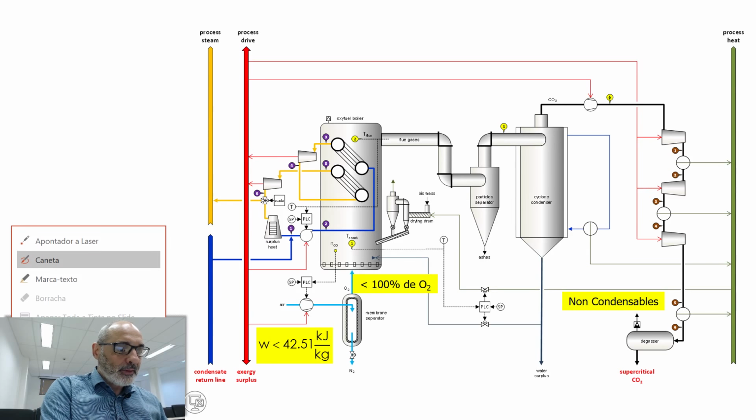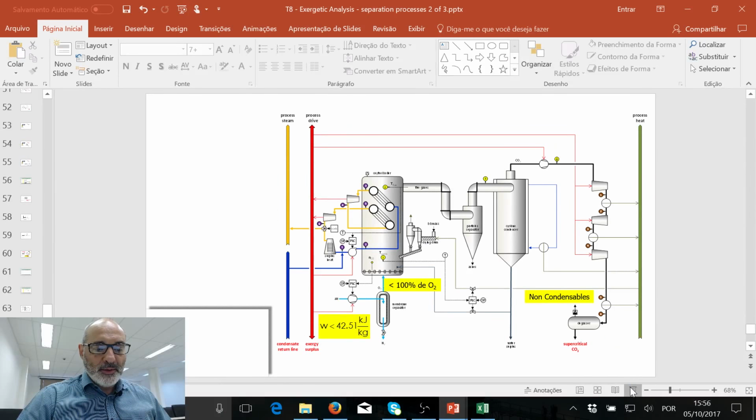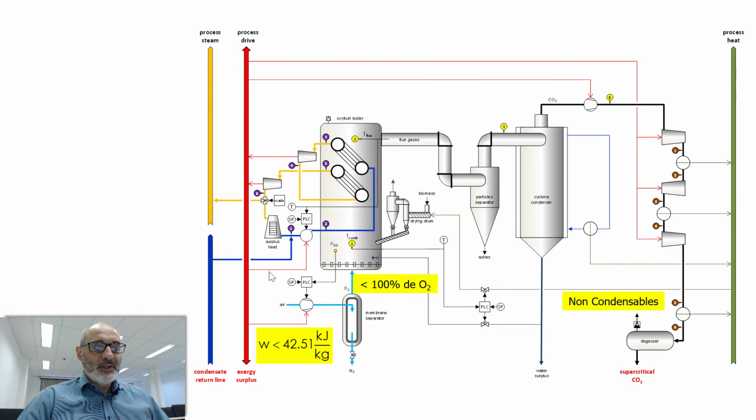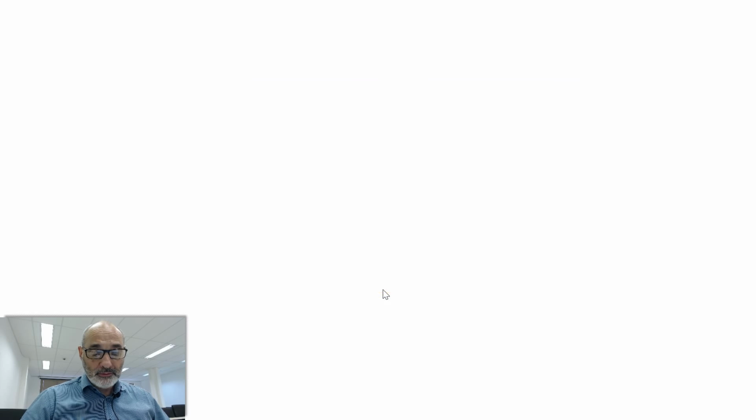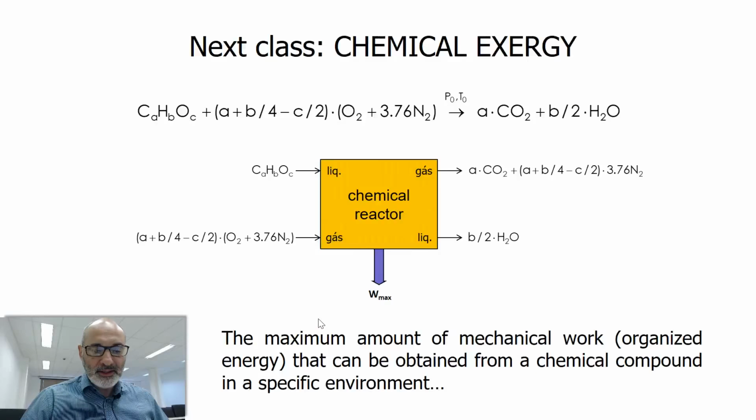So as I was saying, we can allow for less than 100% of oxygen here, or if having 100% is imperative, is it possible to have 100% of oxygen with less than the minimum amount of work?